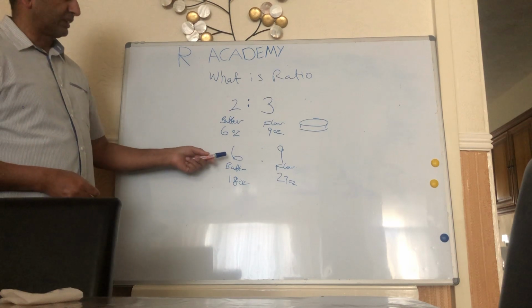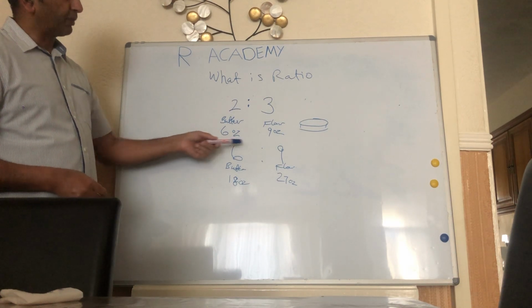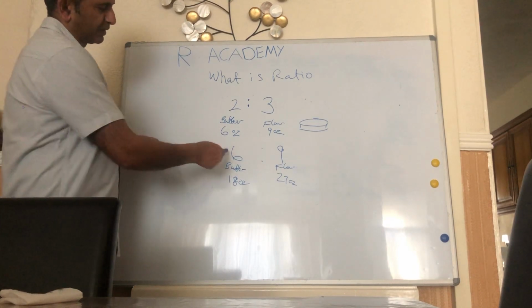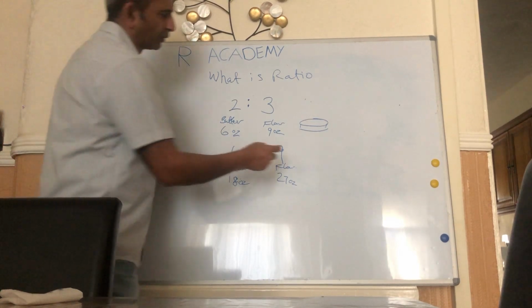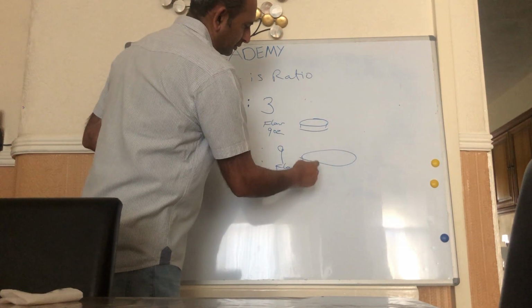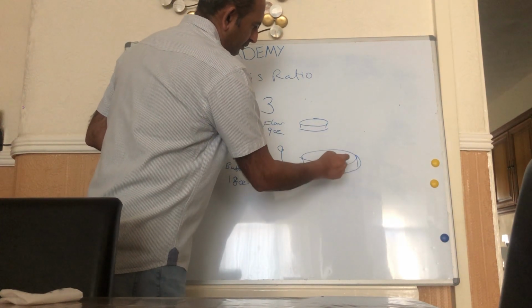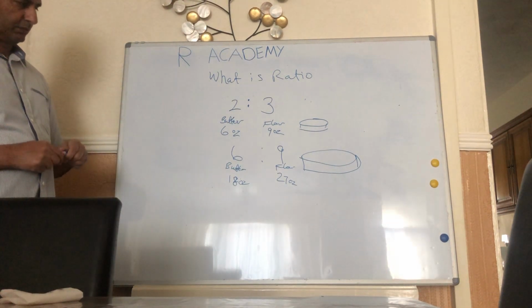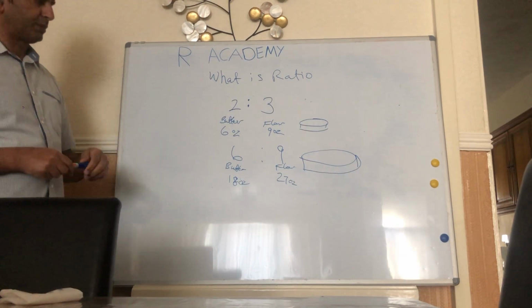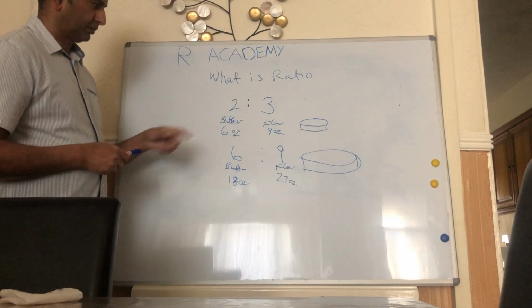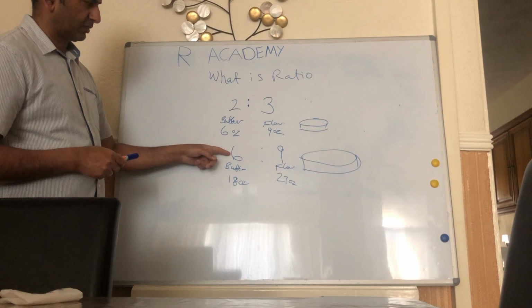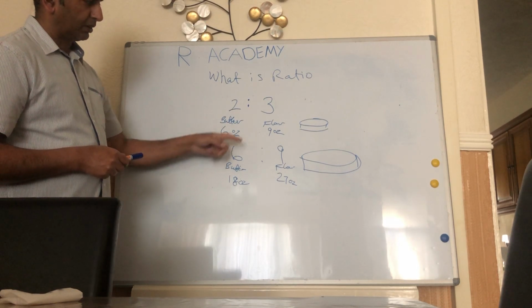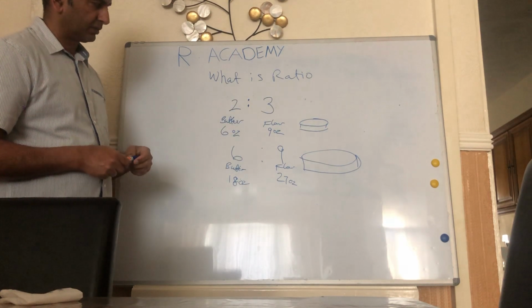The ratio is the same, because if you simplify this, it'll become that. But now, because the numbers are different, the cake will be a lot bigger. It will be 3 times bigger, because that's 2, this is 6. 2 multiplied by 3 is 6, and 3 multiplied by 3 is 9.